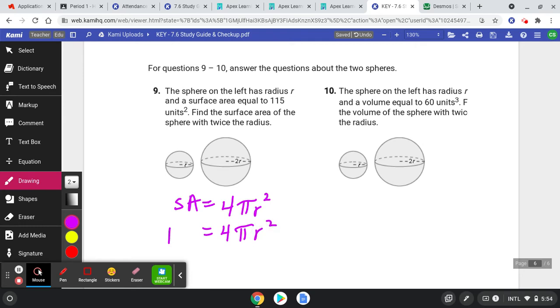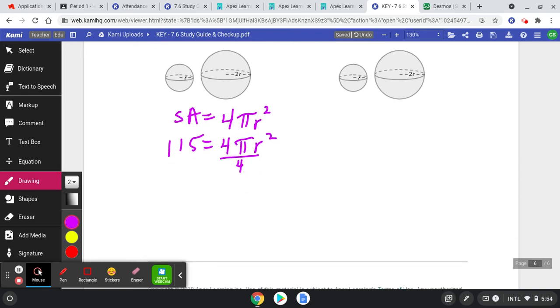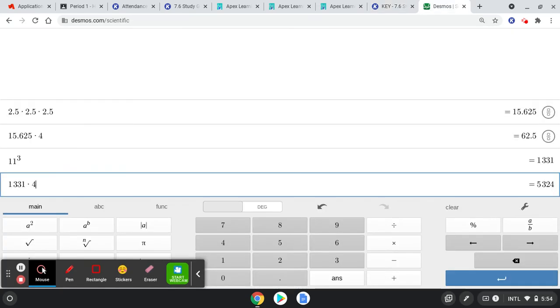And we're plugging in 115 as that surface area. So first we're going to start by dividing by 4, and we can divide by pi.